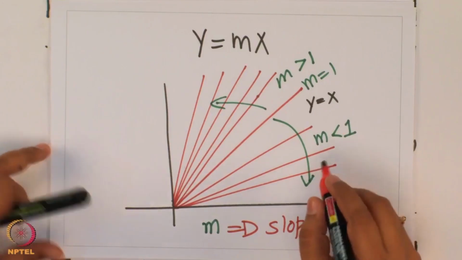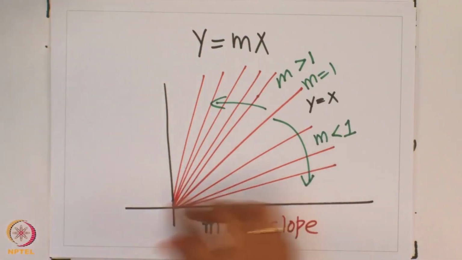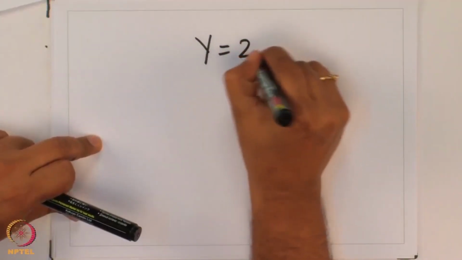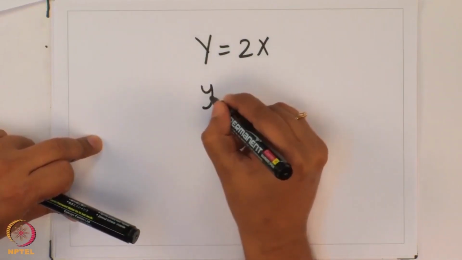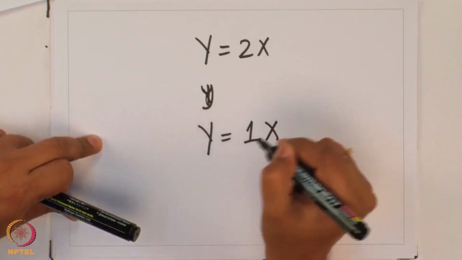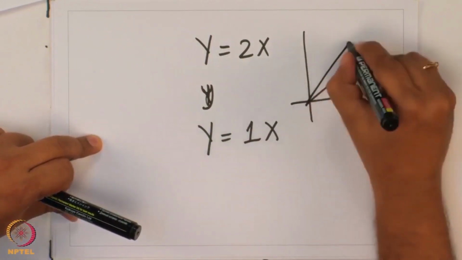So if I just think of y is equal to 2x and y is equal to 1x, this is 1x, then this is 2x.